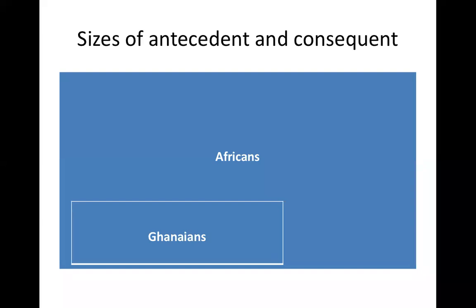Is it a valid argument? Yes, please. Okay, so why is it valid? Since it has been denied in, as in, Africans. He's saying Peter is not an African, so automatically he can't be a Ghanaian because he has been denied in the... Yes, so that's correct.